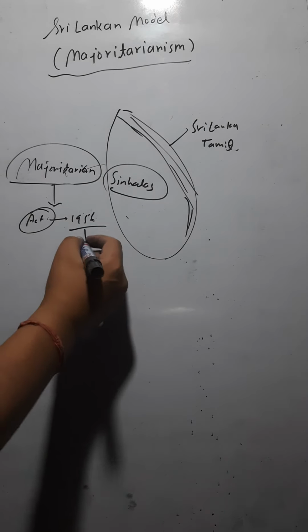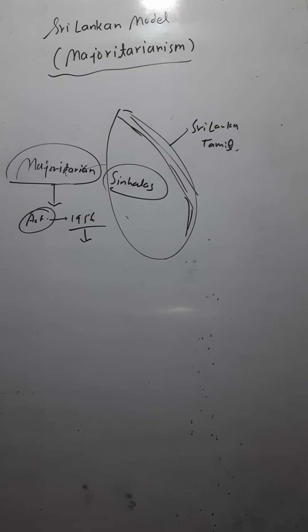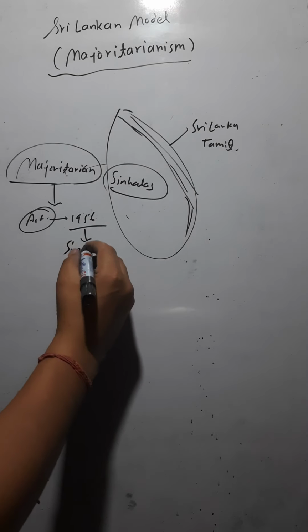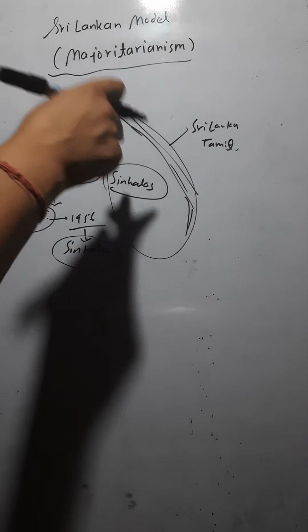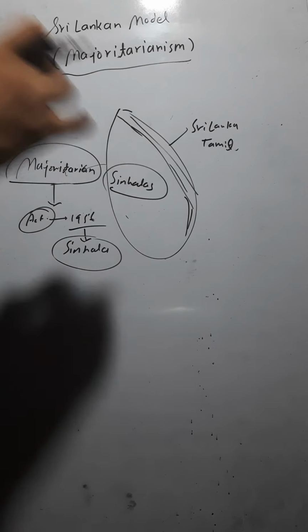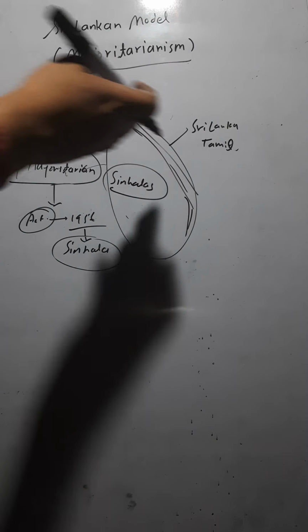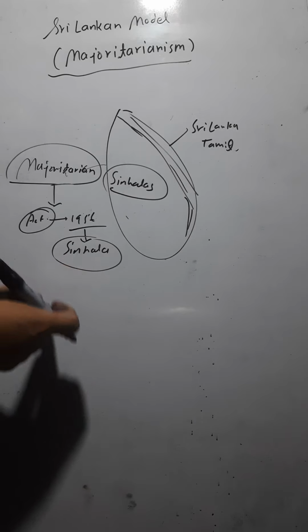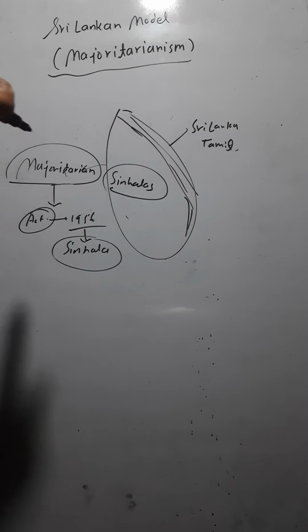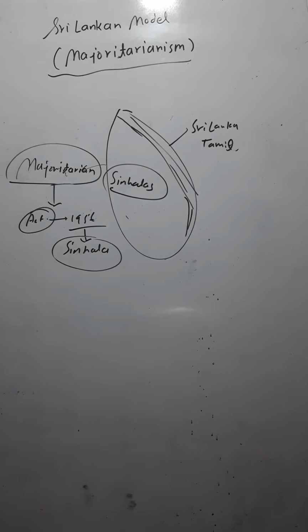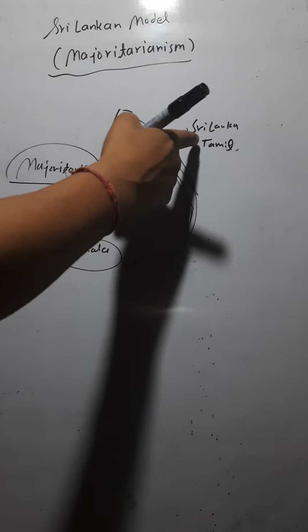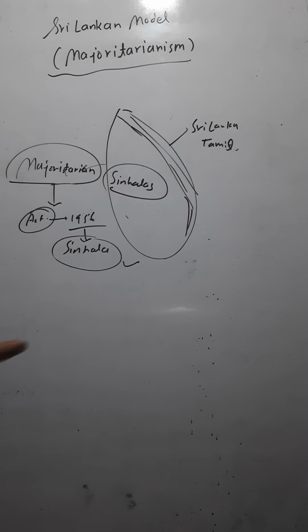According to this act, they accepted Sinhala as the only official language of Sri Lanka. Tamils are also there, but they did not accept Tamil as an official language. It's a majoritarian step, yes or no? It was not in favor of Sri Lankan Tamils, isn't it?